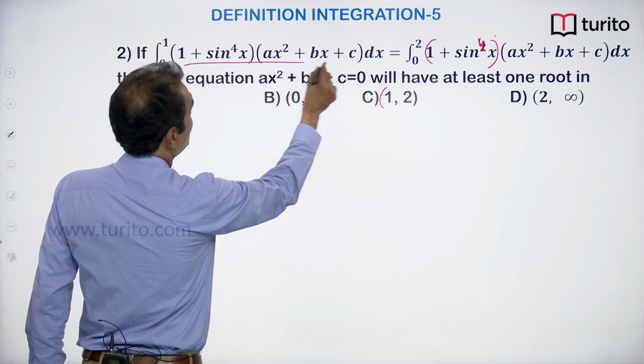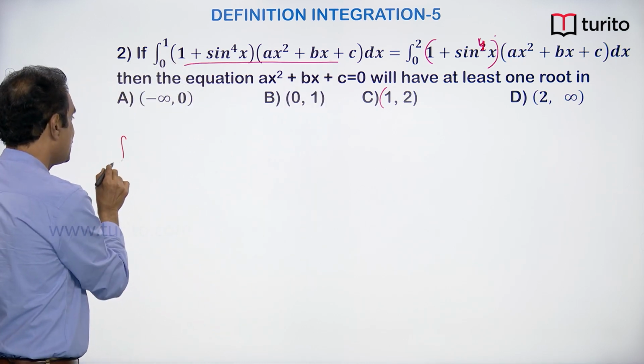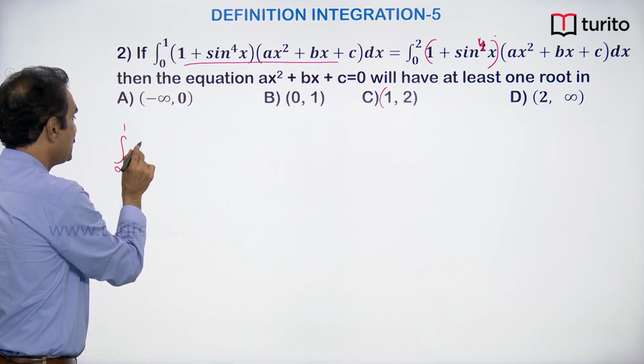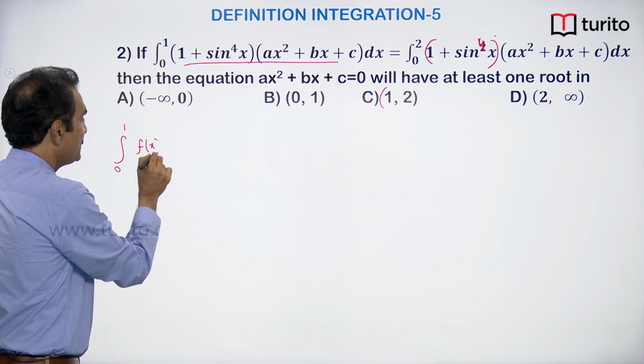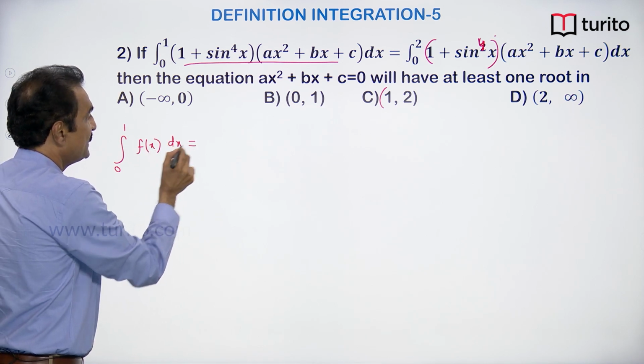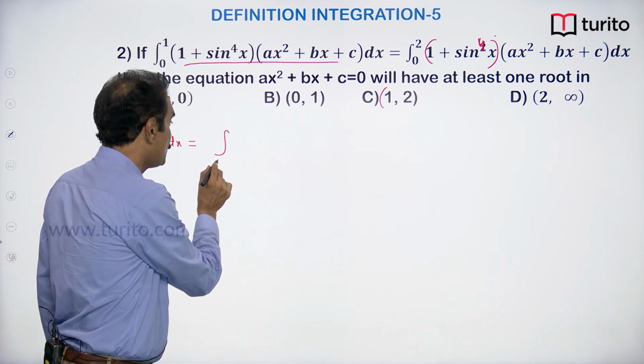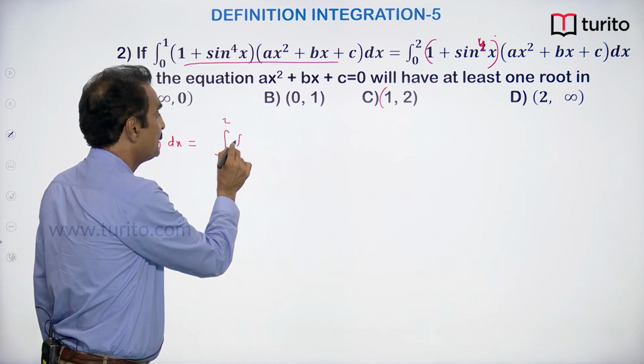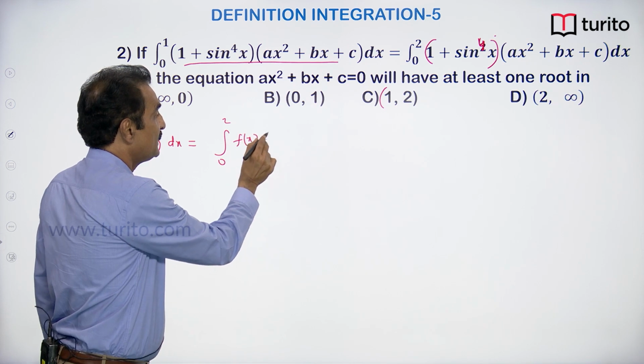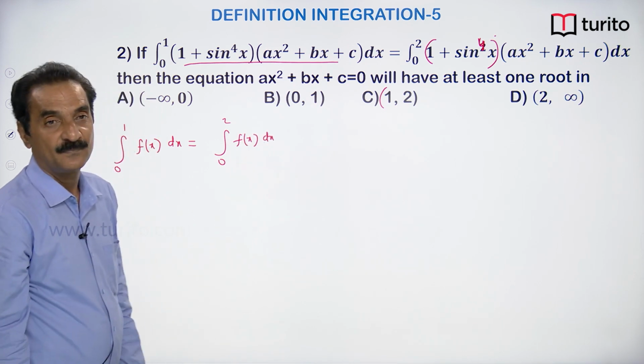Let us take this function as f of x. What is the given condition? Integral 0 to 1 f of x dx is equal to, what is the RHS? Integral 0 to 2 f of x dx.